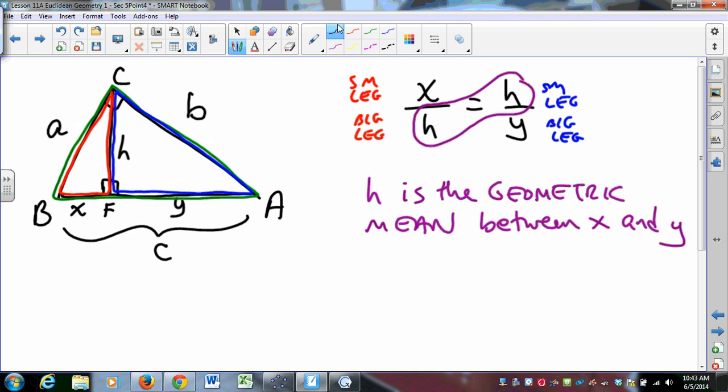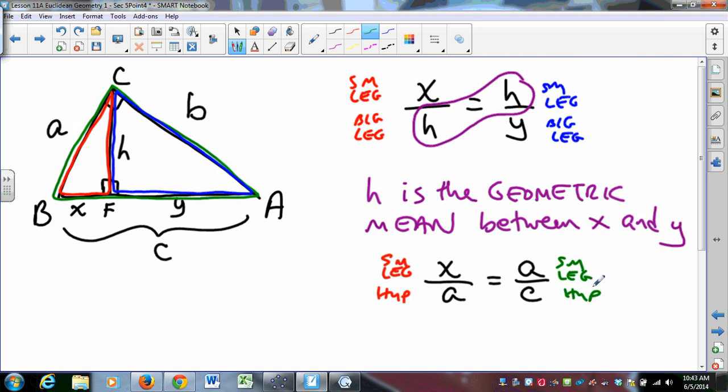Similarly, I notice that x is to a as a is to c. And you should pause for a moment to figure out why that is true. This is the small leg and the hypotenuse on the red triangle. This is the small leg and the hypotenuse on the green triangle.